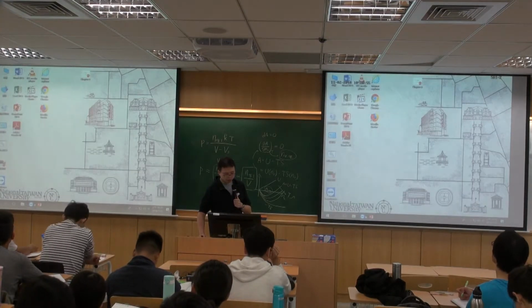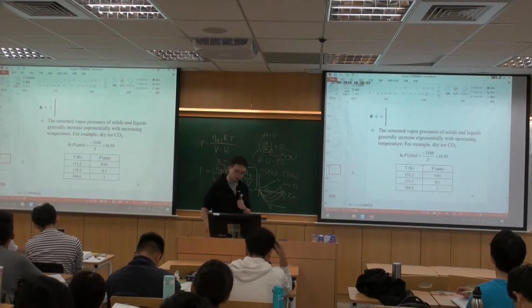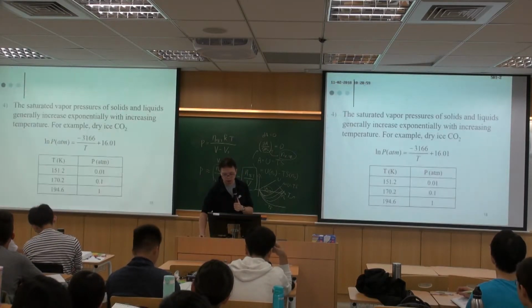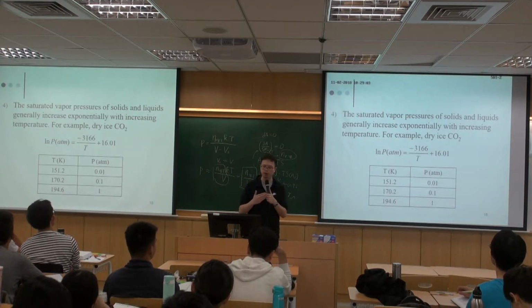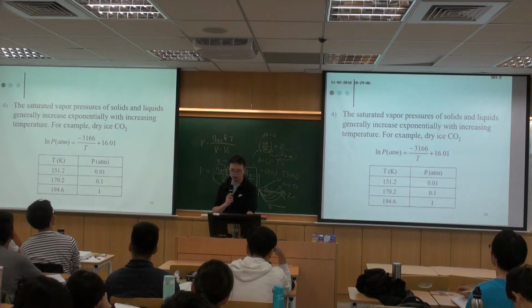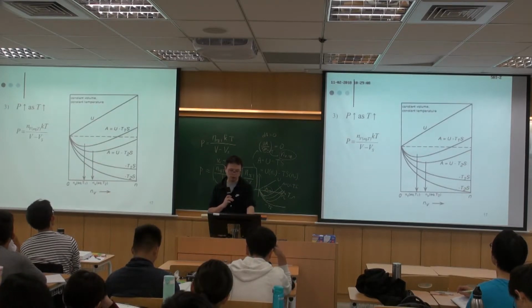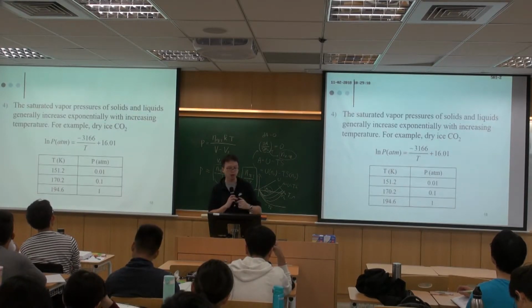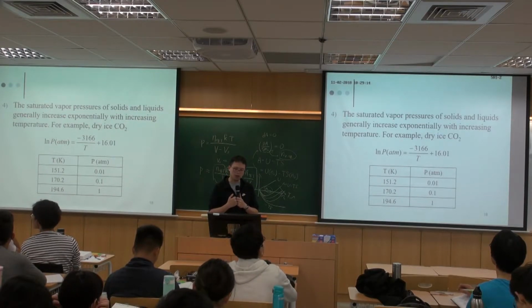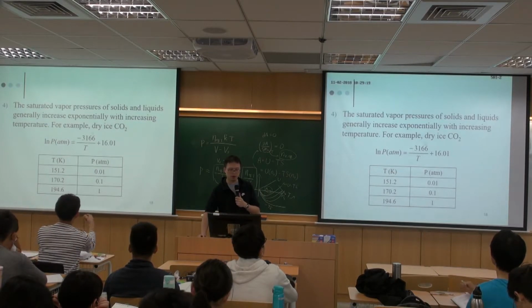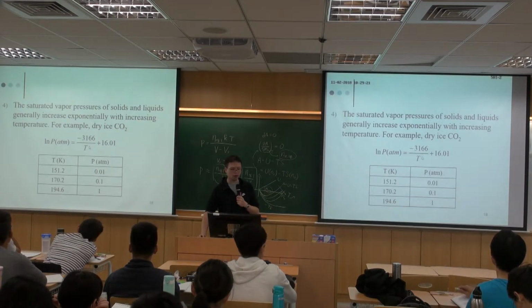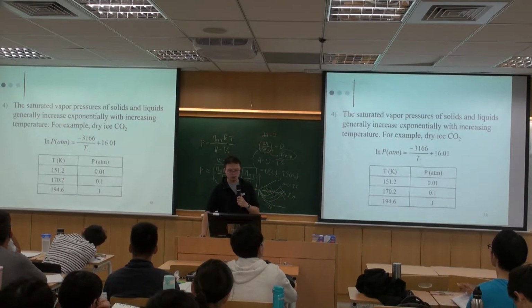Okay, so in short, even the textbook doesn't try to verify how well this fitting is between this one and this one. But let us just assume that for most cases, the vapor pressure will behave exponentially as a function of temperature. So when you increase the temperature by a little bit, there's a huge change of pressure.